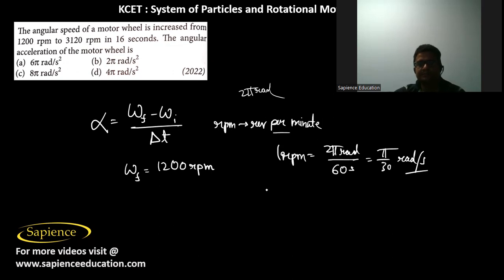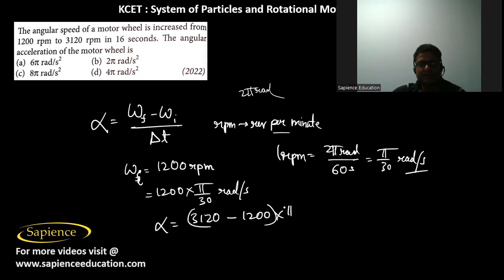Therefore we can tell it is 1200 into pi by 30 radian per second. So simply, alpha will be equal to omega final, sorry, this is omega initial. So omega final is 3120 RPM minus 1200 RPM, into pi by 30, divided by 16 seconds. So then this will come in radian per second square.